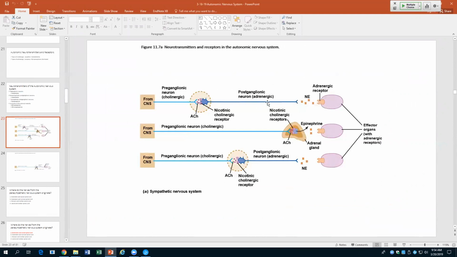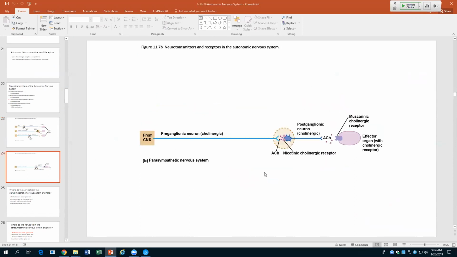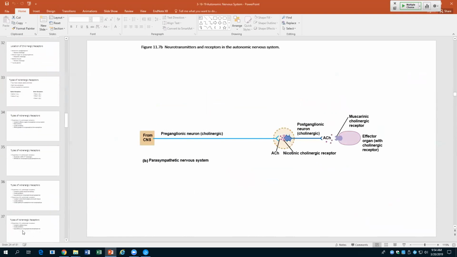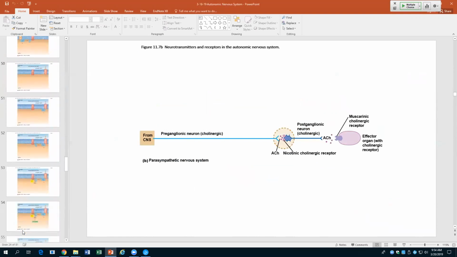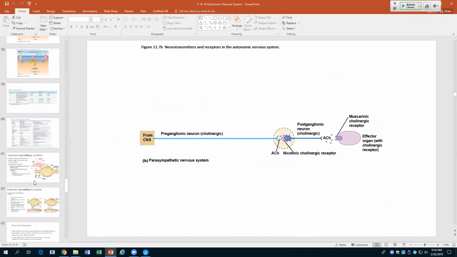This second neuron, this postganglionic neuron, synapses onto some type of effector tissue. The area or the synapse between these two structures is what we're really looking at here. This is called the neuroeffector junction. It's going to hold true for the parasympathetic division as well, the area where a postganglionic neuron communicates with your effector organ.